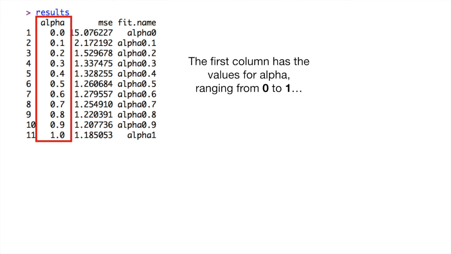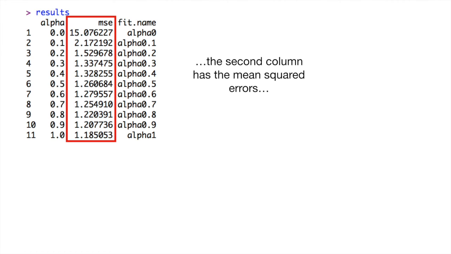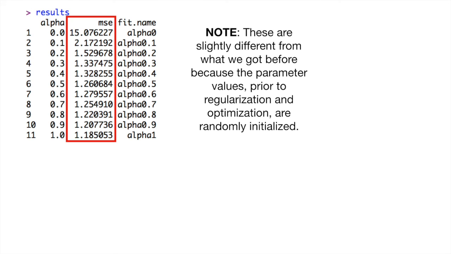After we run the for loop, we can print out the results. The first column has the values for alpha, ranging from 0 to 1. The second column has the mean squared errors. Note, these are slightly different from what we got before because the parameter values, prior to regularization and optimization, are randomly initialized.